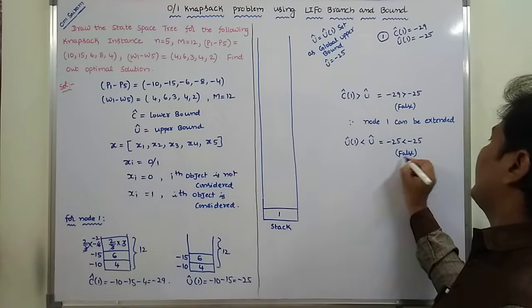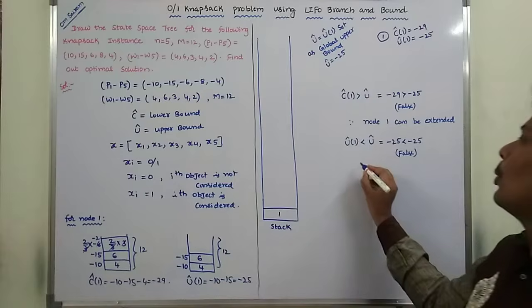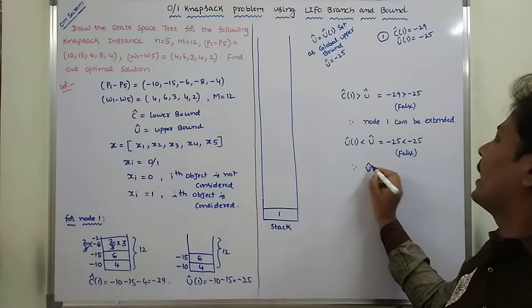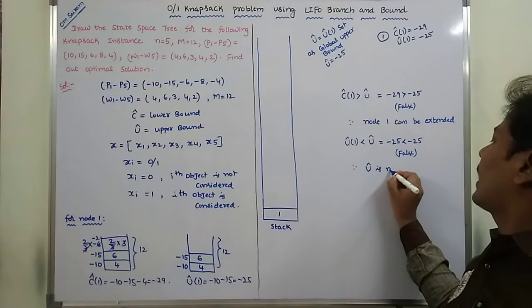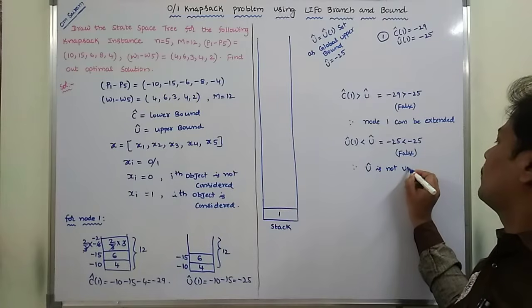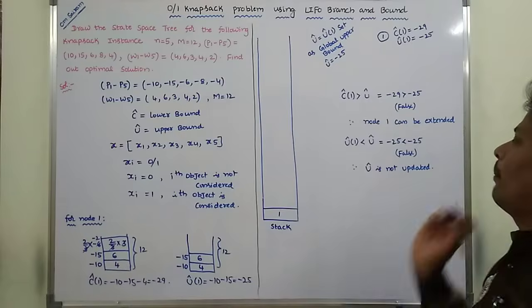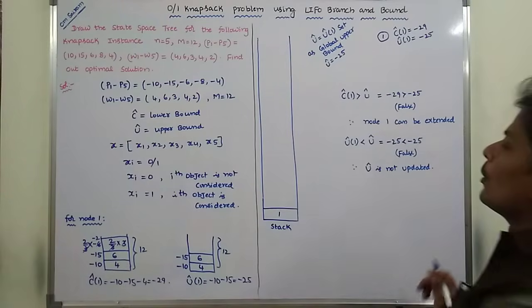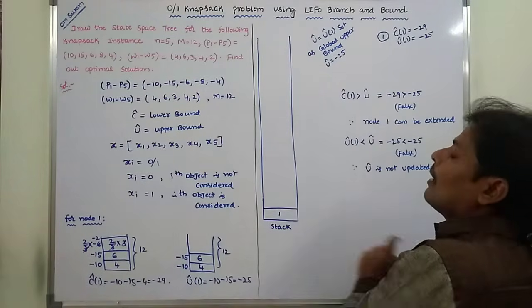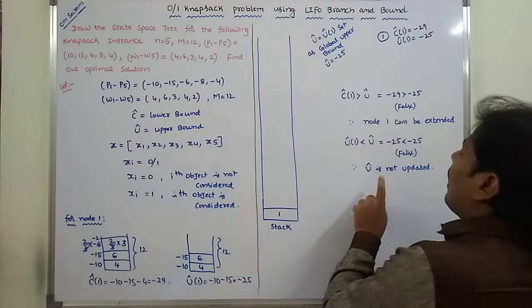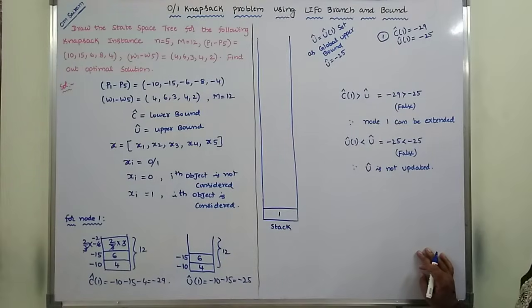If this condition is false, then U cap is not updated. Otherwise, U cap is updated. Okay. So node 1 is extended and at node 1 the global upper bound is not updated.